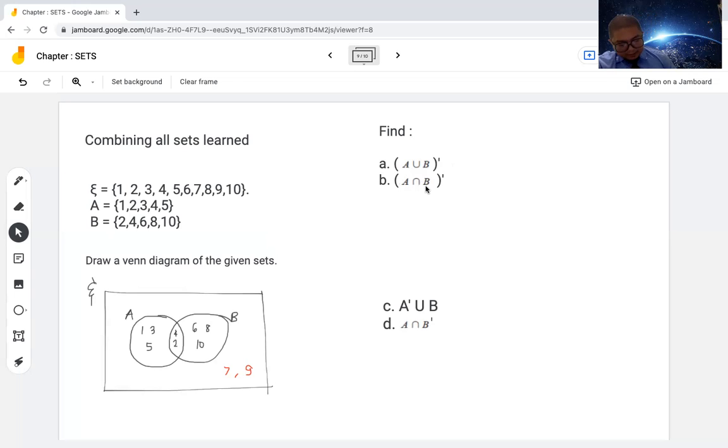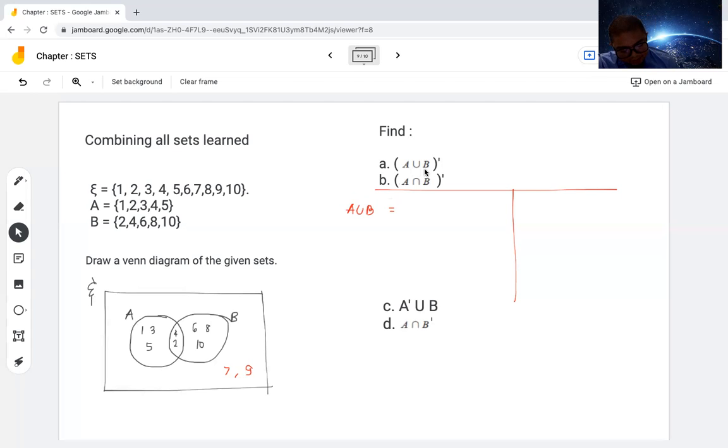So let's start with letter A. In this case, we are going to look at what we can have in the A union B. A union B means you are going to unite the elements of A and B.